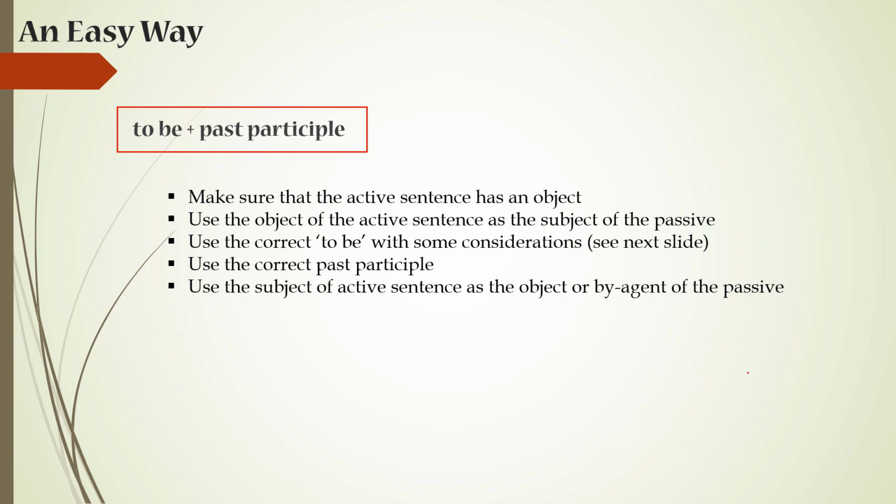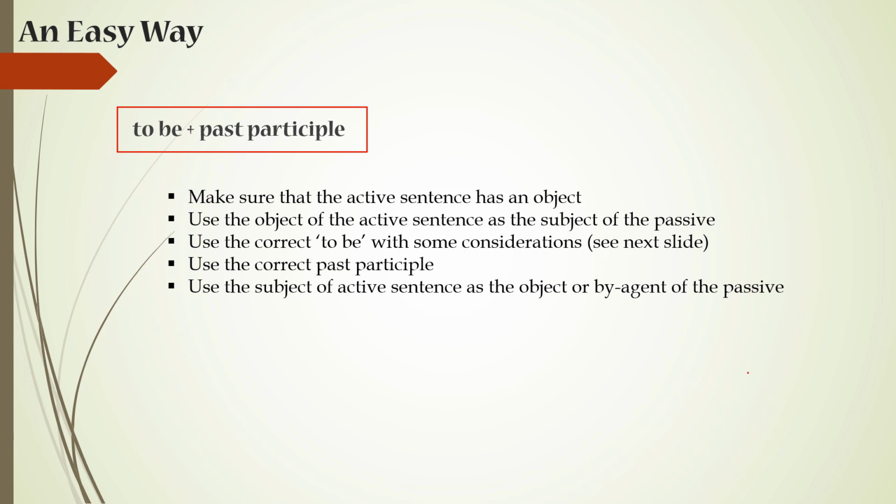A letter is a singular subject and it is a thing. So the to be that can be used is the to be is. Why? Because the subject is a singular subject and the structure that is used in the active sentence is simple present.